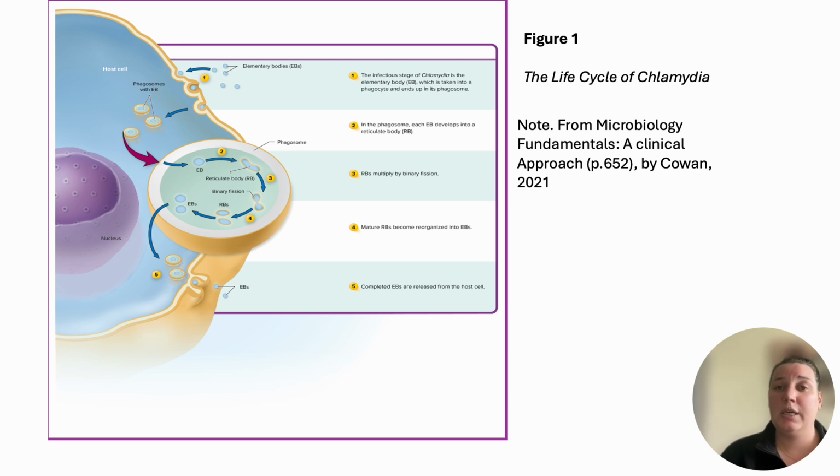The bacterium can grow intracellularly, which means it can live and multiply inside the host cell, which then contributes to its ability to cause disease to the host, also known as virulence. Chlamydia trachomatis can escape certain aspects of the host's immune response due to its ability to grow intracellularly.